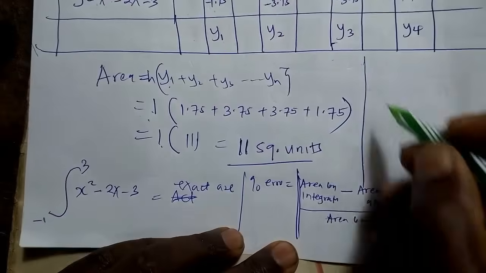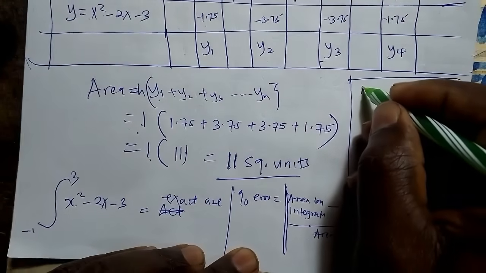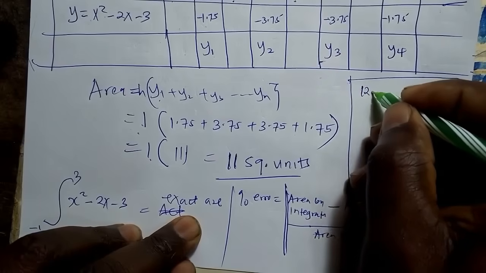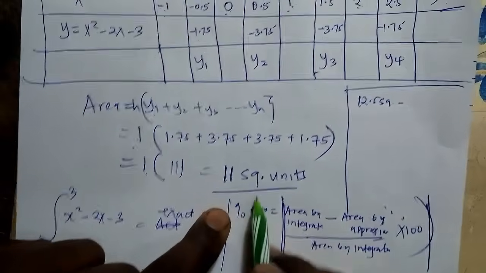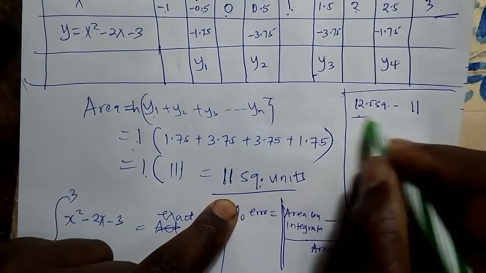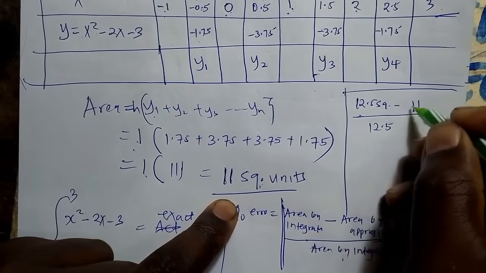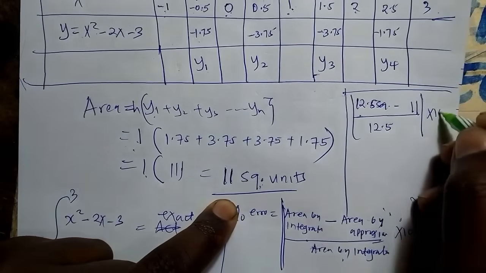So for example, let me assume the area for integration, the exact area is 12.5 square units. The area by mid-ordinate I have found is 11. So it is this minus this divided by the original, which is 12.5, and then absolute times 100.